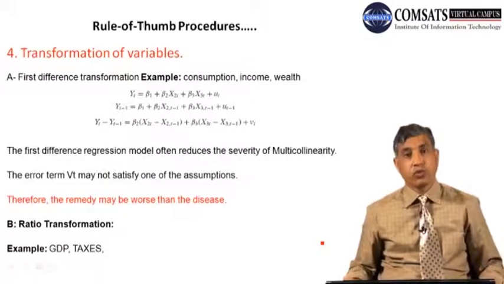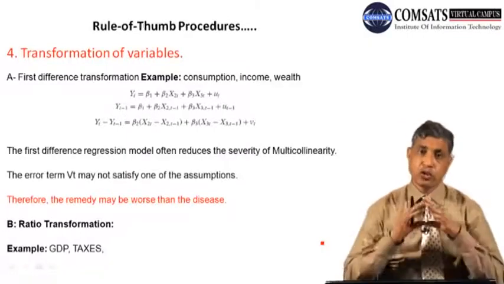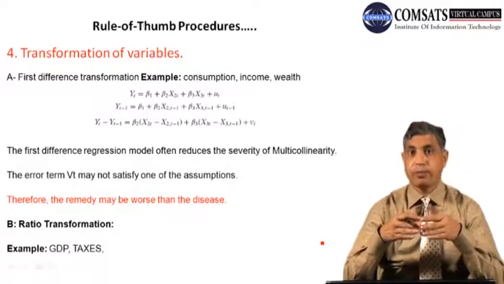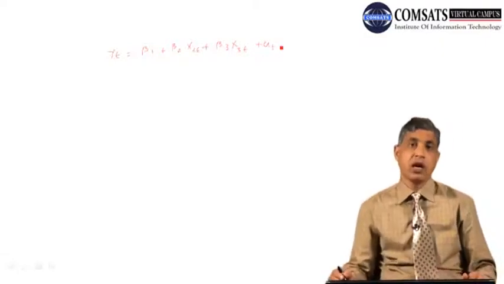The fourth rule of thumb is the transformation of the variables. You transform the variable in such a way that it reduces the problem of multicollinearity. For example, suppose you have this kind of series: Yt = beta1 + beta2 X2t + beta3 X3t + ut.